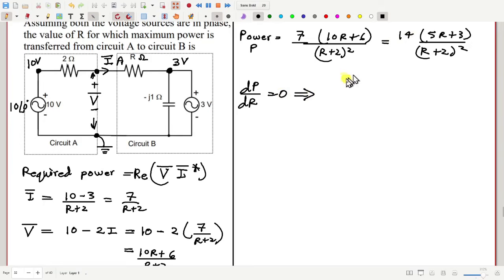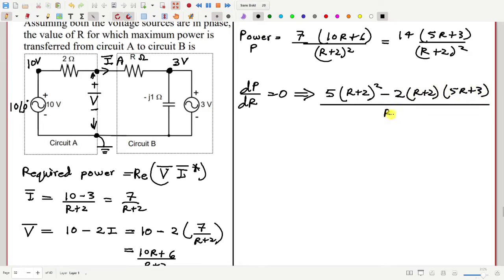14 is a constant, so let me differentiate it. We will get 5 into R plus 2 whole square minus 2 into R plus 2 into 5R plus 3, divided by R plus 2 to the fourth. This should be equal to 0.